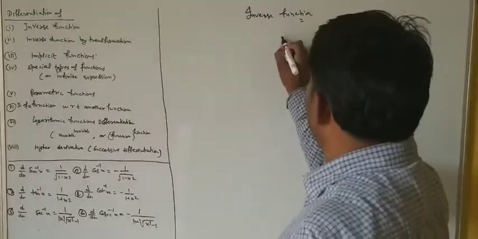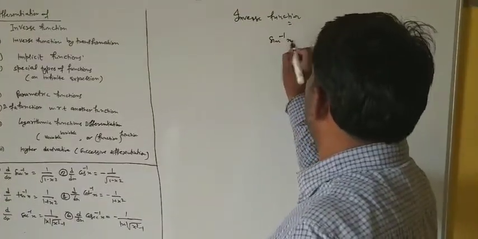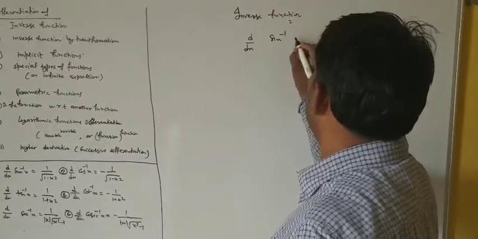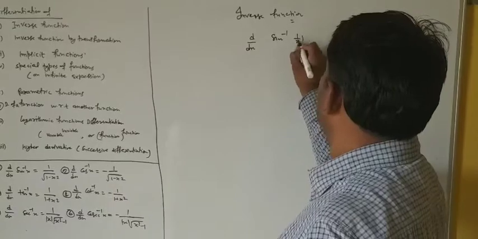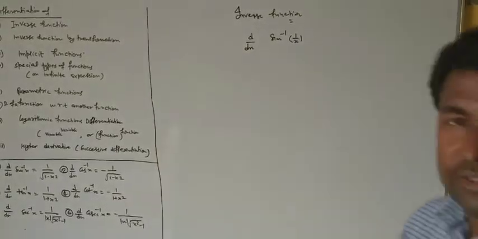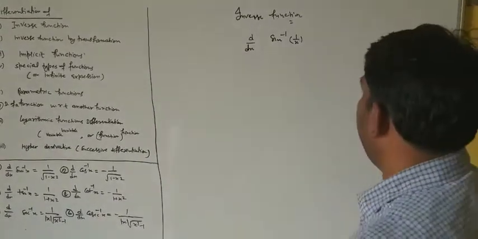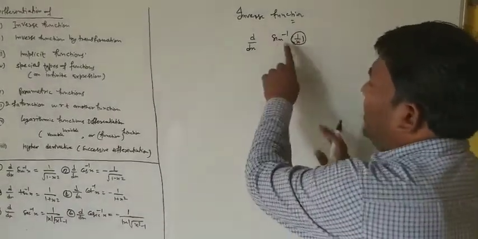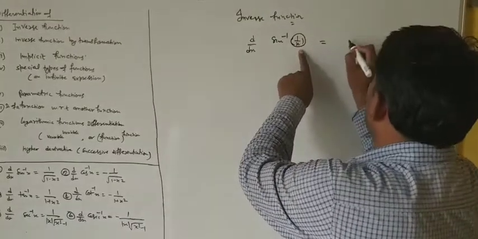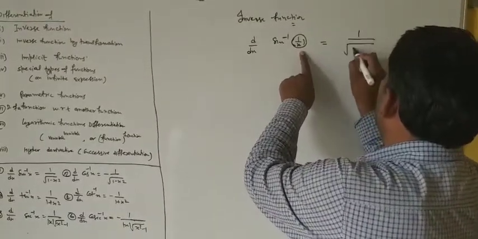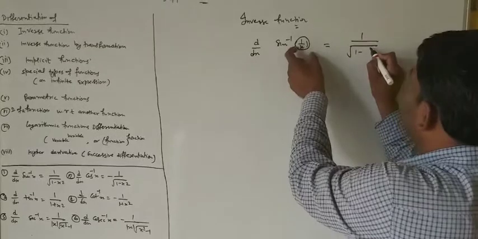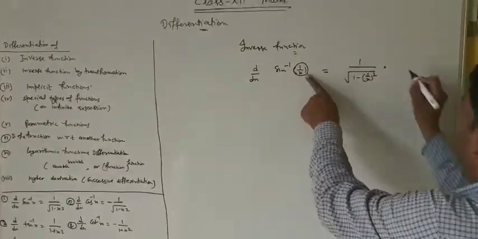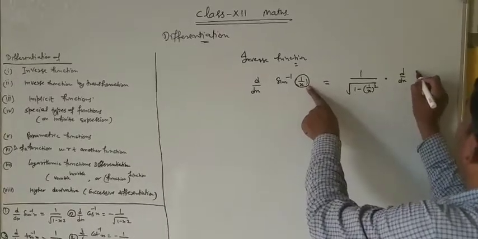For example, if you have to differentiate sin inverse of 1 upon x, you already know the chain rule. Considering this as x, you need to apply the formula of sin inverse x. That is 1 upon under root 1 minus x square, at the place of x, 1 upon x. So 1 upon x whole square, into differentiation of 1 by x, that is d by dx of 1 by x.